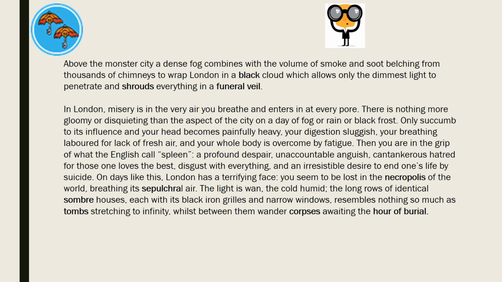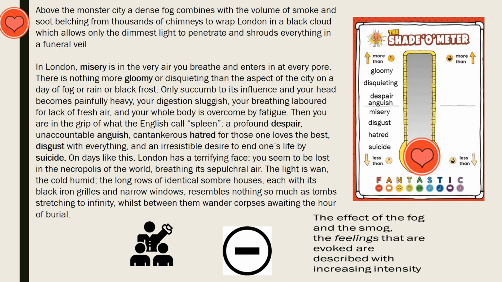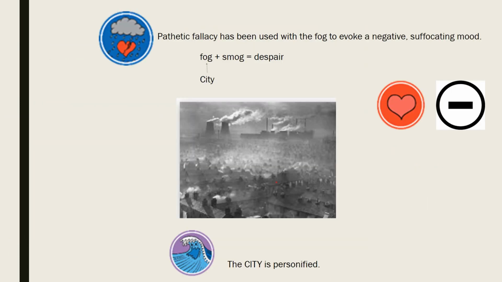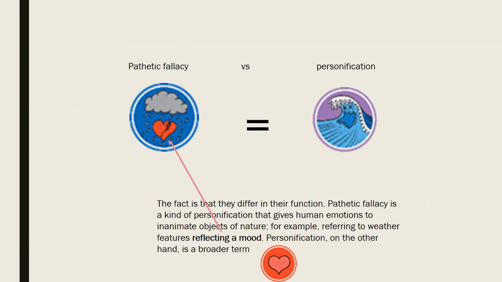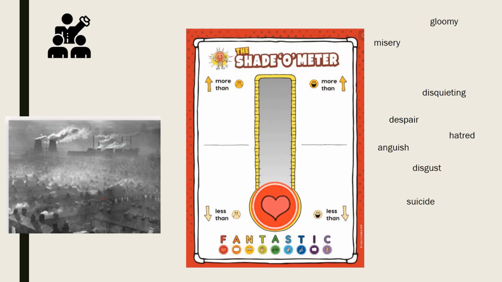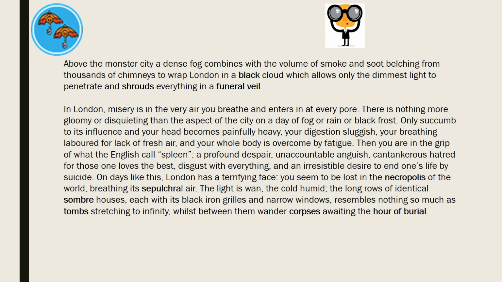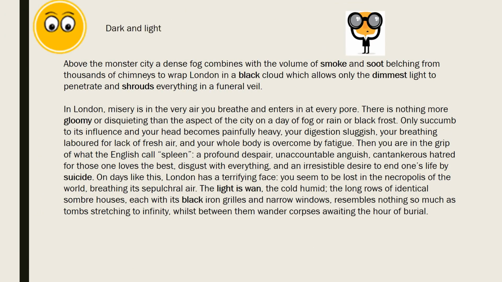Now, just because I have spotted metaphors or the emotions that she's feeling there, or the pathetic fallacy or personification, doesn't mean that's all that there is to spot. It's up to you to practice and see what you notice.